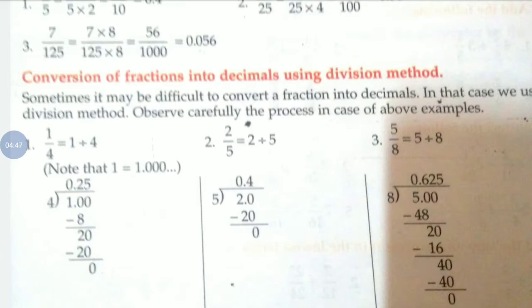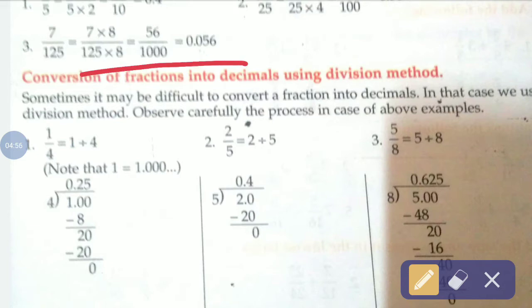How we have to do that? That is 1 by 4. When we want to convert it into decimal, your numerator is your dividend, and your denominator is your divisor.